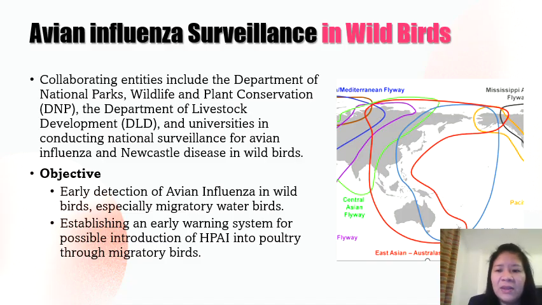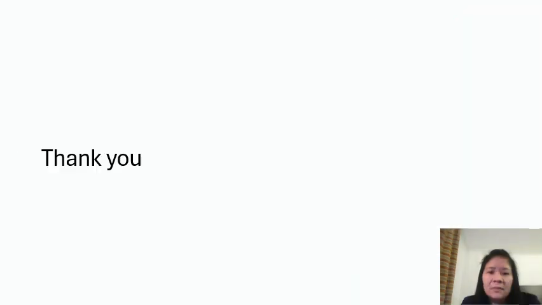We learn from the flyway of the animals, and we do surveillance for early detection of any suspected case of avian influenza in wild birds. The information can also establish an early warning system for any possible introduction of HPAI into the country.